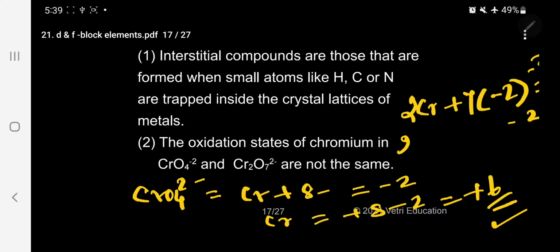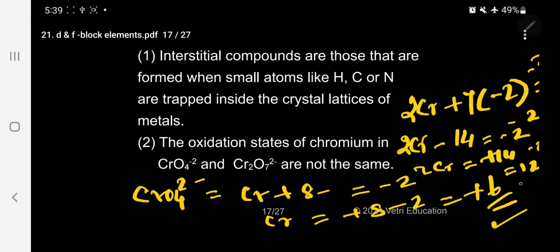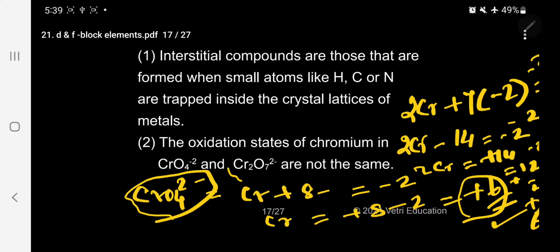So 2 Cr minus 14 equal to minus 2. So 2 Cr equals plus 14 minus 2, that is plus 12. Then Cr equals 12 by 2, plus 6. So in both cases, CrO4 2 minus and Cr2O7 2 minus, the oxidation states are same.